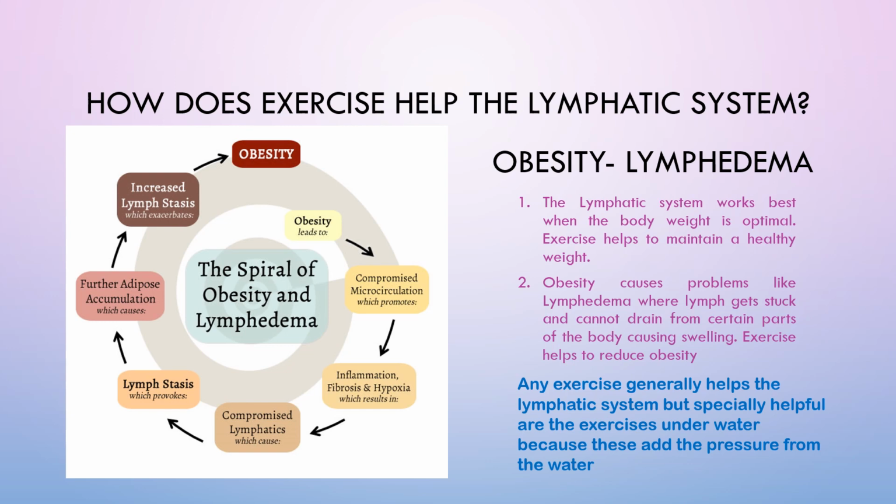When a person is obese, obesity can cause, amongst all other various problems, lymphedema, where the lymph gets stuck and it cannot drain itself. Now, exercise helps to reduce the body weight, maintain a healthy body weight. That's one. It also helps to reduce obesity, thereby reducing the possibility of various problems like this lymphedema.